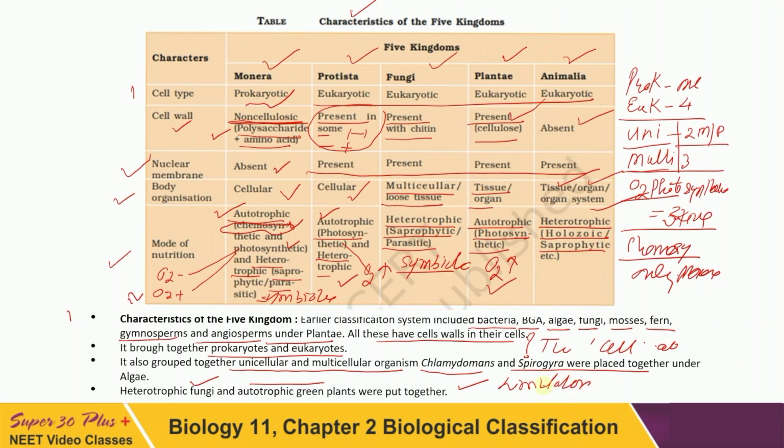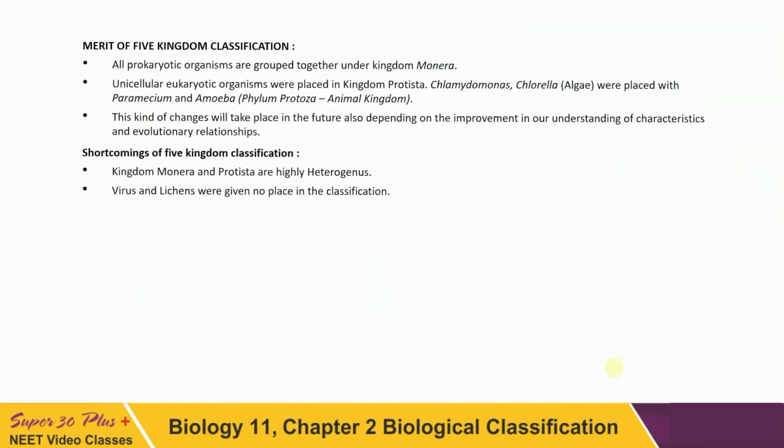Based on this, we have to see what are the characteristics or merits of the five kingdom classification. You see, children, in the five kingdom classification, we have to summarize it now. All prokaryotic organisms have been separated and grouped together under kingdom Monera. All unicellular eukaryotic organisms have been placed in kingdom Protista.